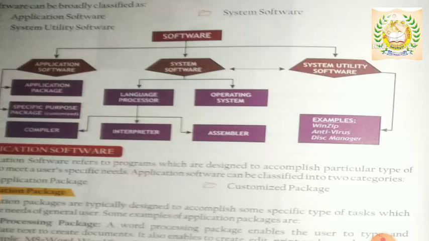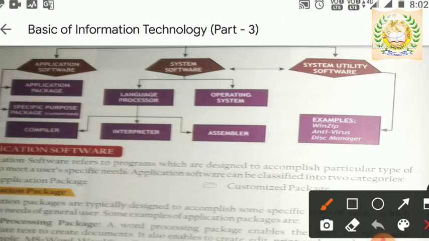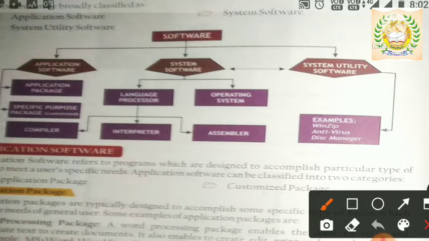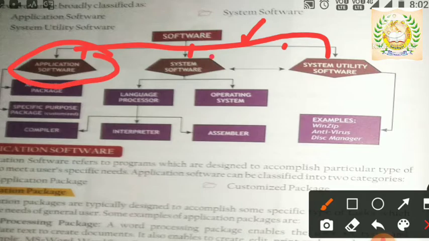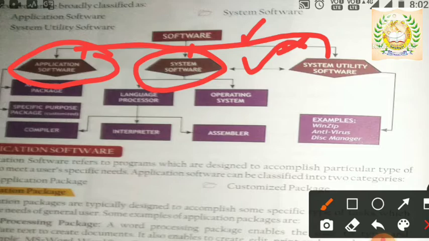Yes, so I hope everyone can see this type of graph. This is software, and it has some lines going down. This one is the application software branch, this one is the system software branch, and the system software is also attached to the system utility software.